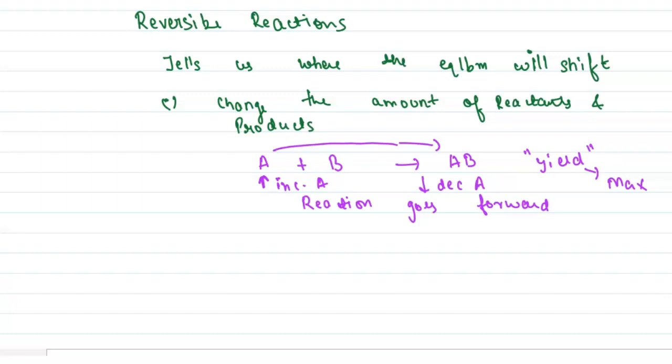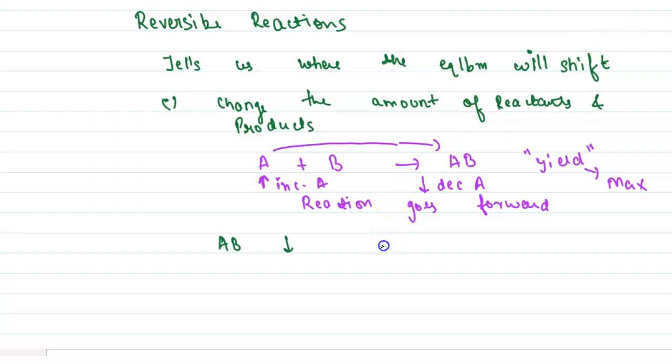Now, what you can do is decrease AB. Once again, you have changed the equilibrium and the state of the condition. Now, what will this system try to do? Undo the changes made by you. It does not like the changes you are making to it, so it tries to undo them.